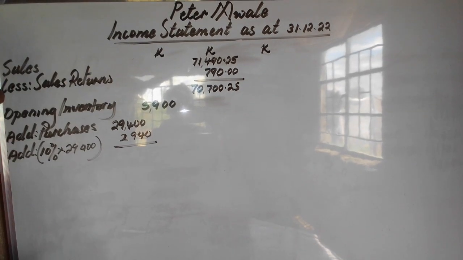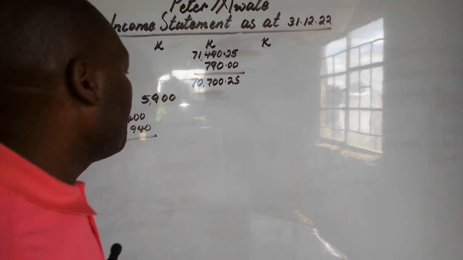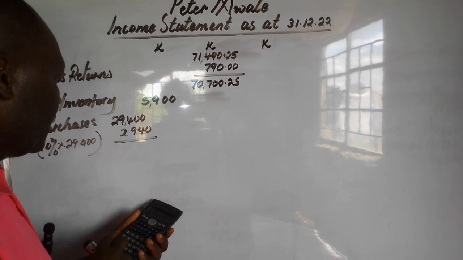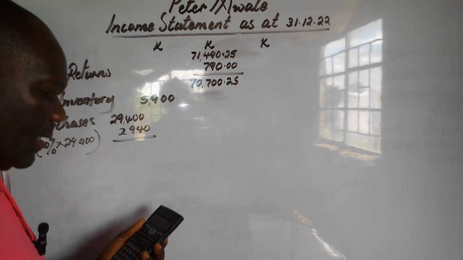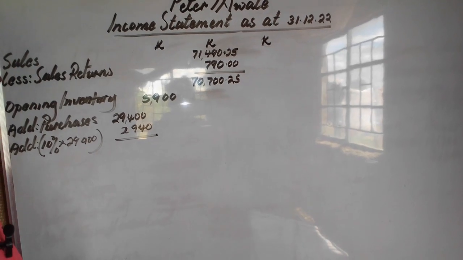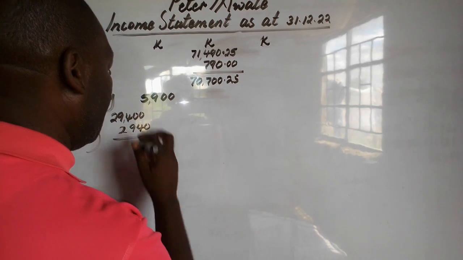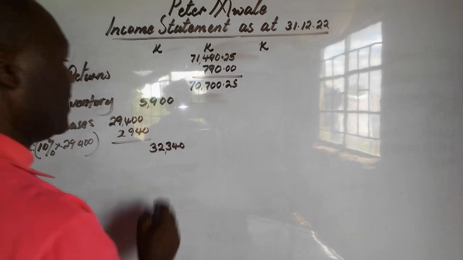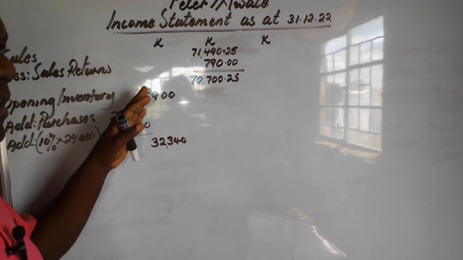Add this. So when I add the two, allow me to do my calculation. I'm getting 32,340. So it will come direct here, 32,340.